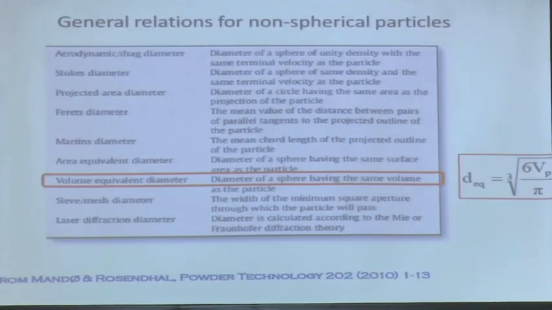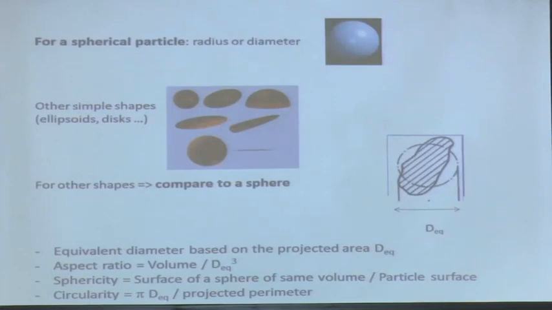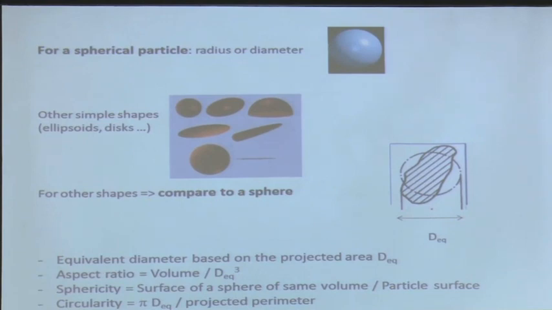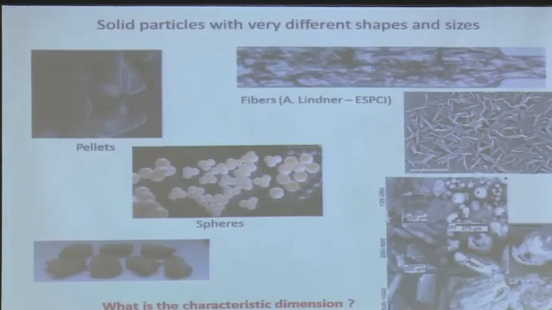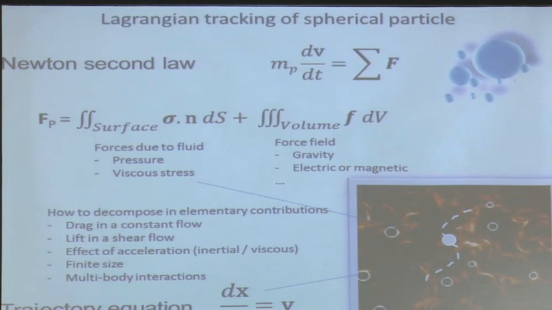Because if you have a complex shape like this, you may need to know the forces acting on that particle, but also the torques acting on the particle. Because if the shape is complex, you need to know the orientation compared to the flow. So instead of solving an equation only for the trajectory, you need to add an equation for the momentum balance for the torque and an equation for the orientation.